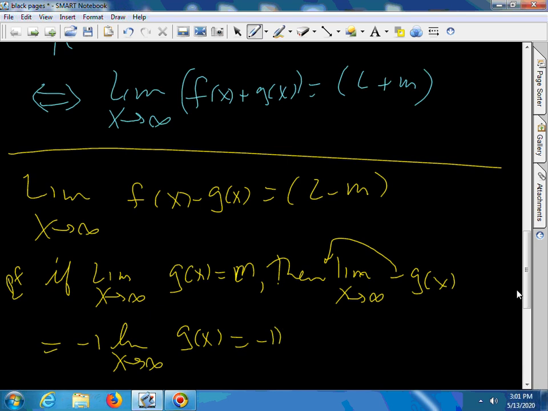Well, the constant is -1, the limit is M, so we get negative M.